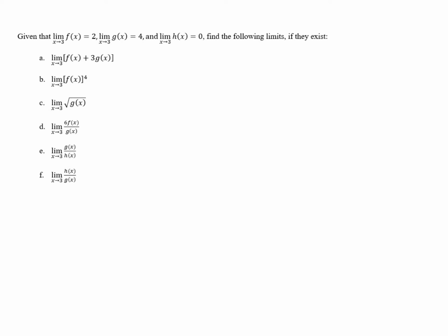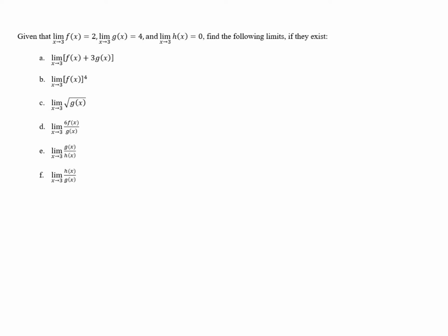We're looking here at the limit of f of x plus 3 times g of x. I'm not going to say as x approaches 3 because that's true of all of these, and I don't want to say the same thing 30 times in this video, so we'll just say the limit of f of x plus 3 times g of x.